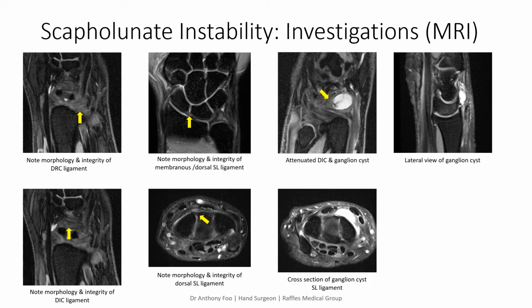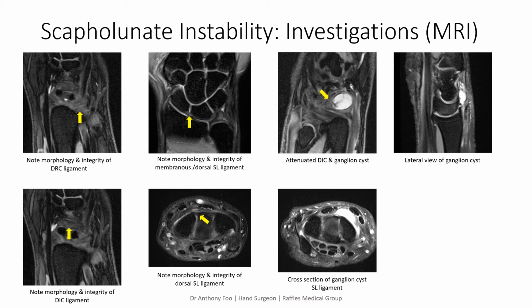So let's start by evaluating the coronal sections of the wrist joint. I would usually start by looking at the morphology and integrity of the dorsal radiocarpal and dorsal intercarpal ligament. And then I would scroll a little bit deeper to look at the scapholunate interval, cross-referenced with a cross-section anatomy of that region. So I am looking for an intact scapholunate ligament and whether there is the presence of any cyst or fluid within the scapholunate interval.